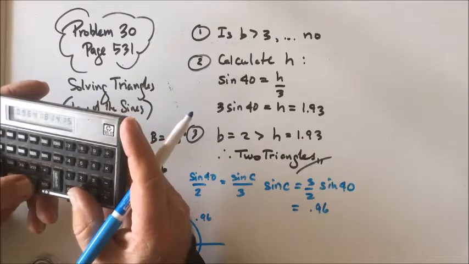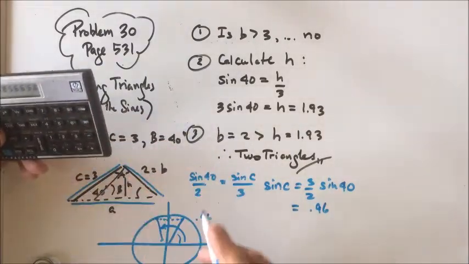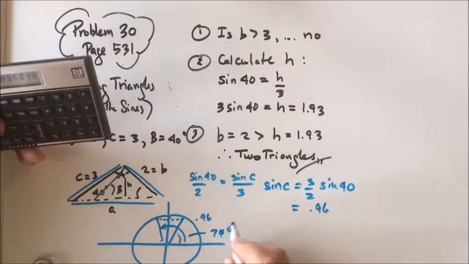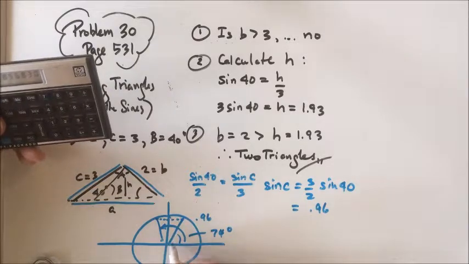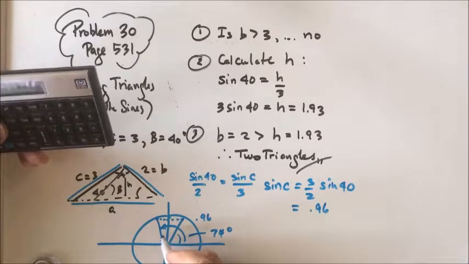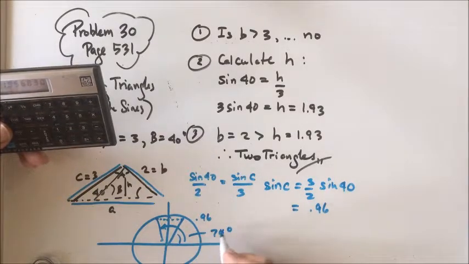I'm going to take the arc sine of this and find that this angle is 74 degrees, which makes this little angle 16 degrees, which makes this 90 plus 16, or 106 degrees.